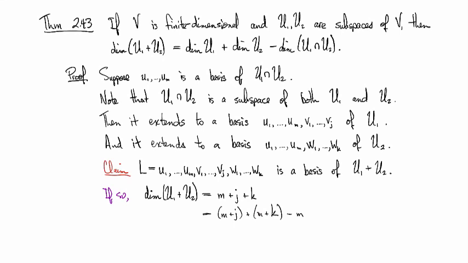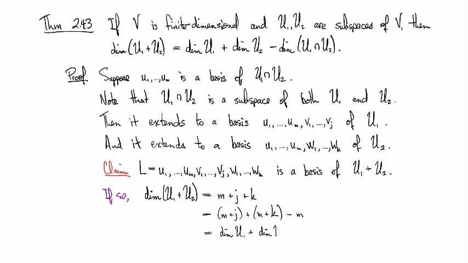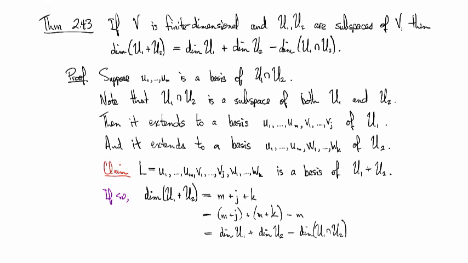But I write it like that because then m plus j is the dimension of U1, and m plus k is the dimension of U2, and then m is the dimension of the intersection. And then reading from beginning to end, we have the identity that we're looking for, right? So all we have to do now is go ahead and prove this. And so that's what we'll do in the next clip.